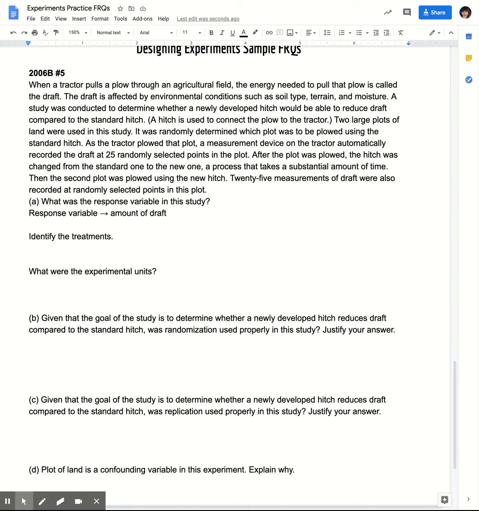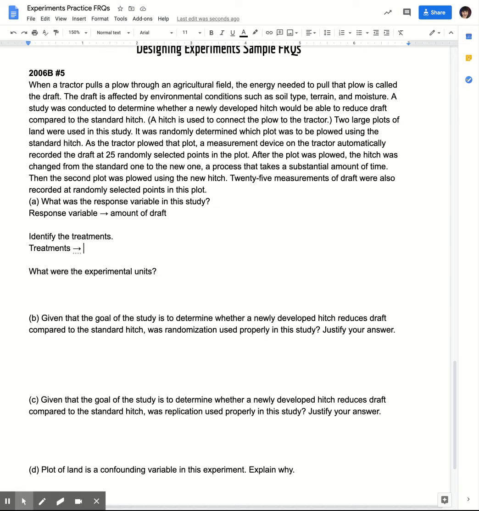Then it says identify the treatments. So the treatments were the 2 hitches that they used, right? Remember, the treatments are the types, right, or the groups essentially that you're putting your experimental units in and what you are changing, right? So the explanatory variable here is the type of hitch, right?